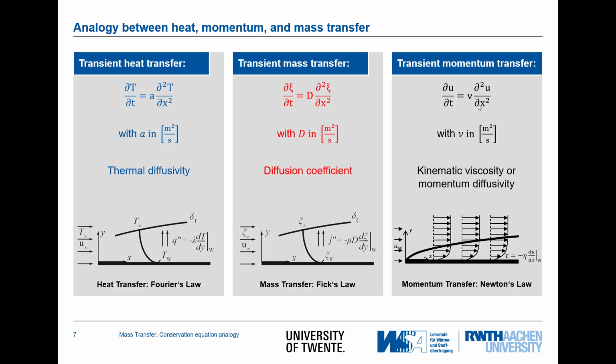And again, here you see that the momentum diffusivity has the same unit in meters squared per second. And also the image looks very similar. We have the development of the boundary layer, and we have here our profiles, but of course we display this because our assumption is that we have a zero velocity at the wall, that the velocity increases from the wall towards the environment or the infinity location.